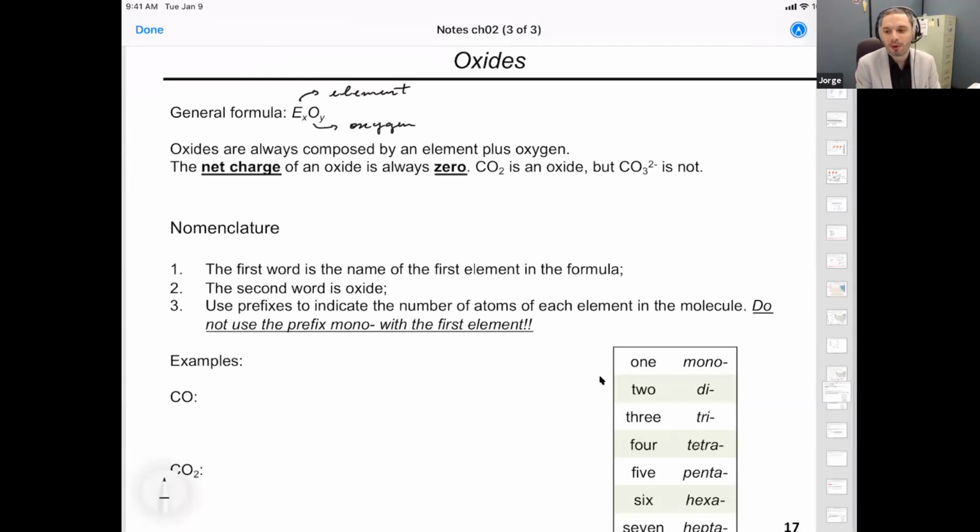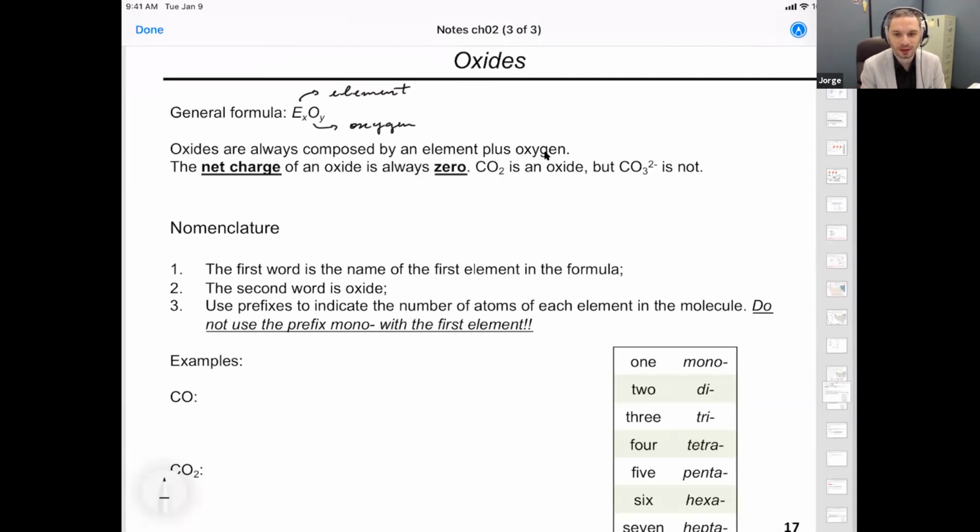So an element bonded to oxygen will be classified as an oxide. Pay attention to one important detail. The net charge of an oxide is always zero.